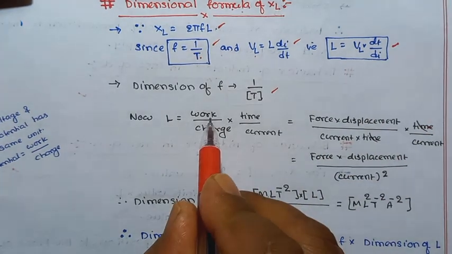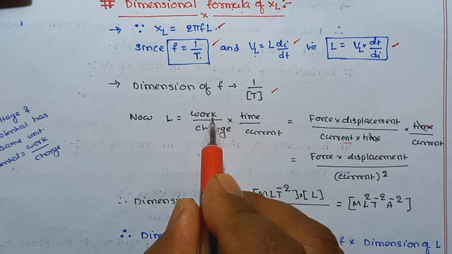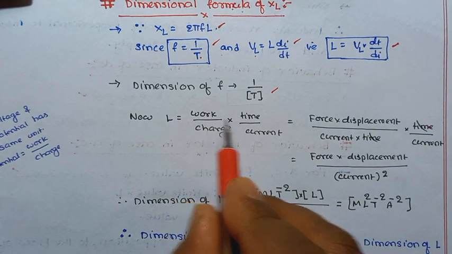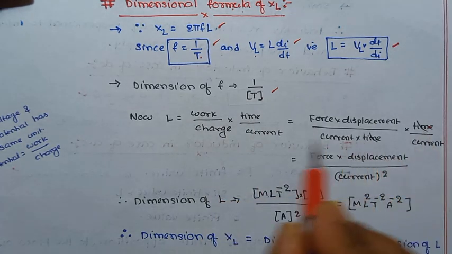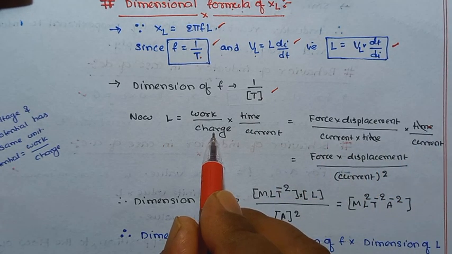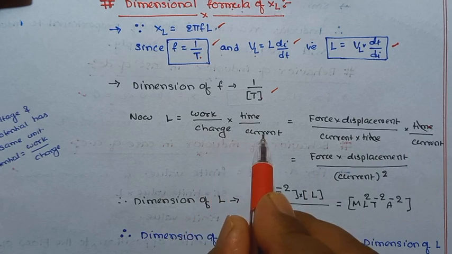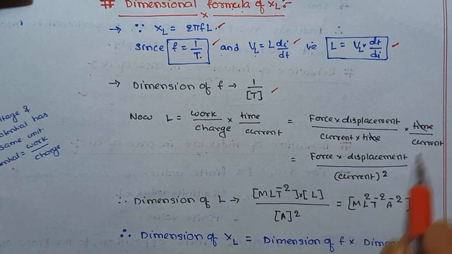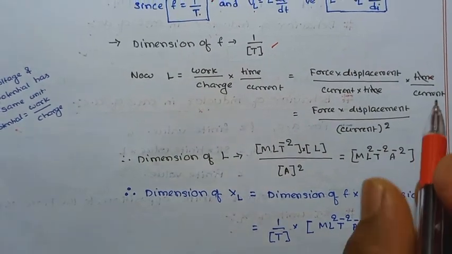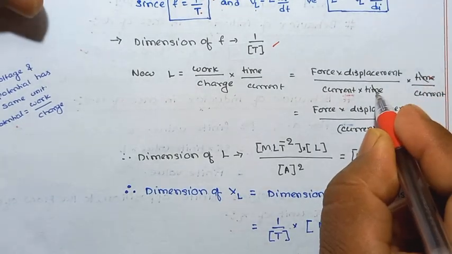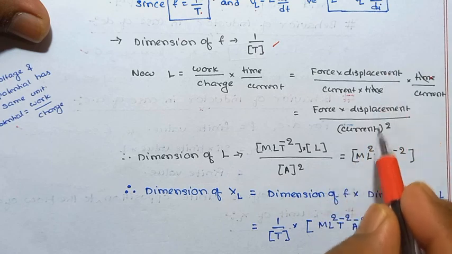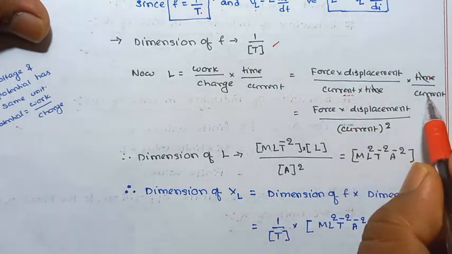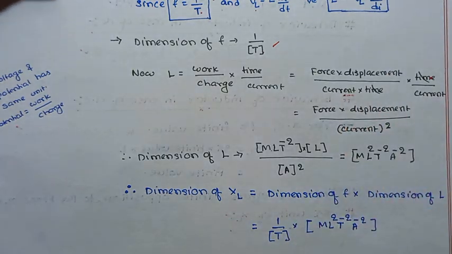Work is equal to force into displacement होता है. So in place of work we write force into displacement, and time divided by charge, charge is current into time, and current is written as the same current. So here time cancels out, then we'll get force into displacement divided by current into current, that is current square.